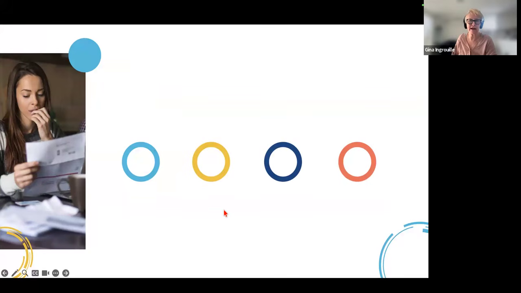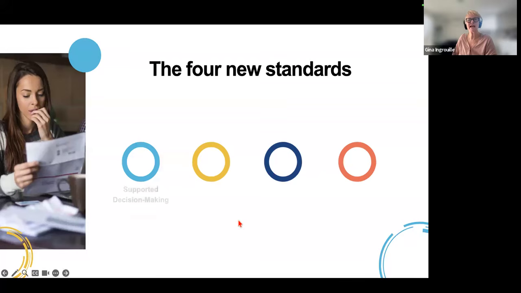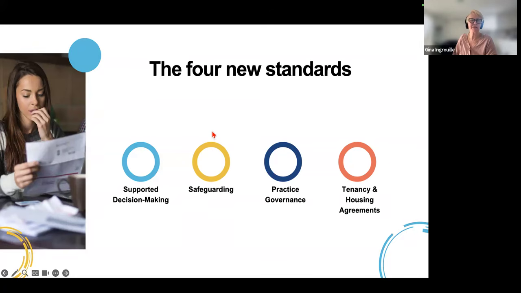I'll always call out the provider market when I need to, but if you didn't give someone the instructions, then shame on you. And that's the NDIS and the NDIS Commission. So the 4 new standards: supported decision making, the safeguarding itself, practice governance, and tenancy and housing agreements. These are where you'll be focusing on improving and implementing.